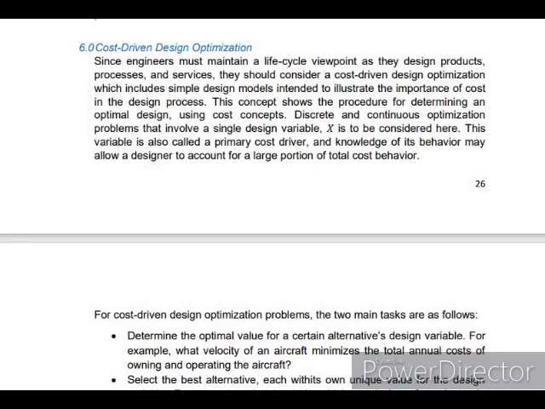So this variable is also called a primary cost driver. And knowledge of its behavior may allow a designer to account for a large portion of total cost behavior. So here we will be computing for the single design variable because it is important for a designer, he or she should account for it.